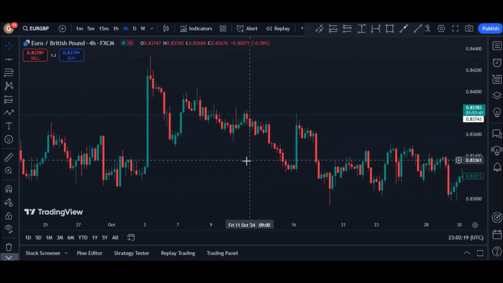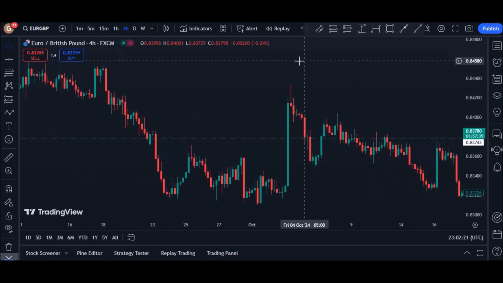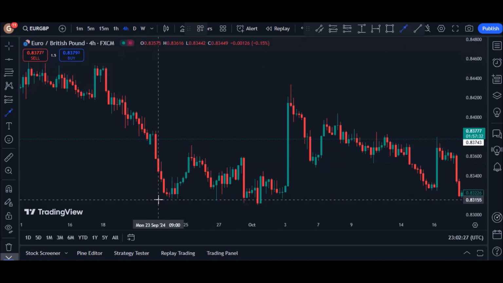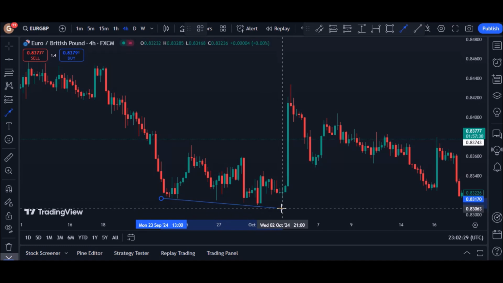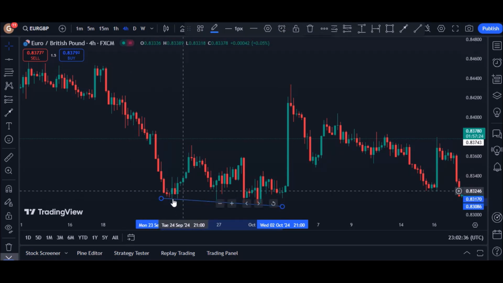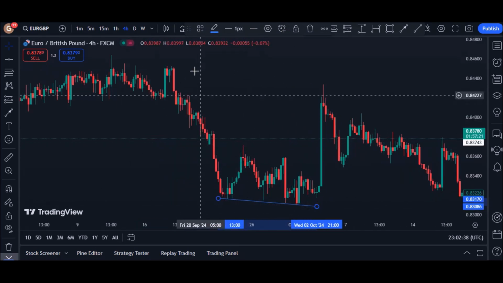I took this trade a couple of weeks ago, and you can see price made this low and then made another low here. So this is a double bottom here, and this is a 4-hour chart.